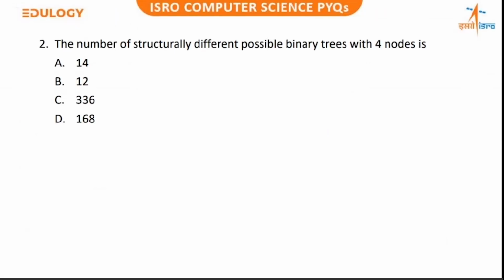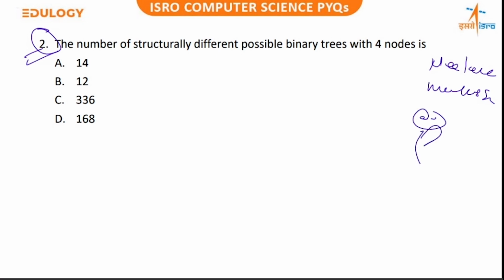Okay, now try to solve it. Solve it, Neelam, Mukesh. Are you able to solve it? Solve it, boys. Try to solve it. Option C is the correct answer. Okay, Mukesh. Neelam, try to solve it.